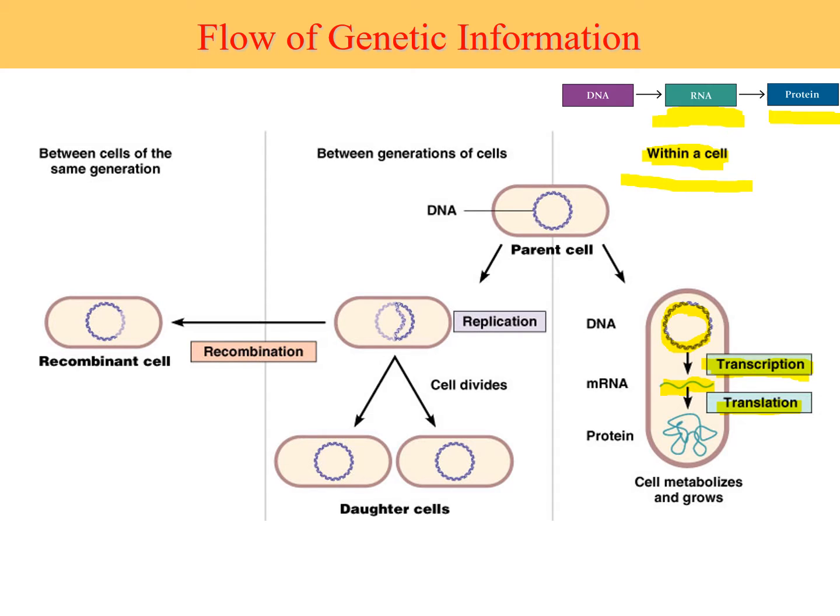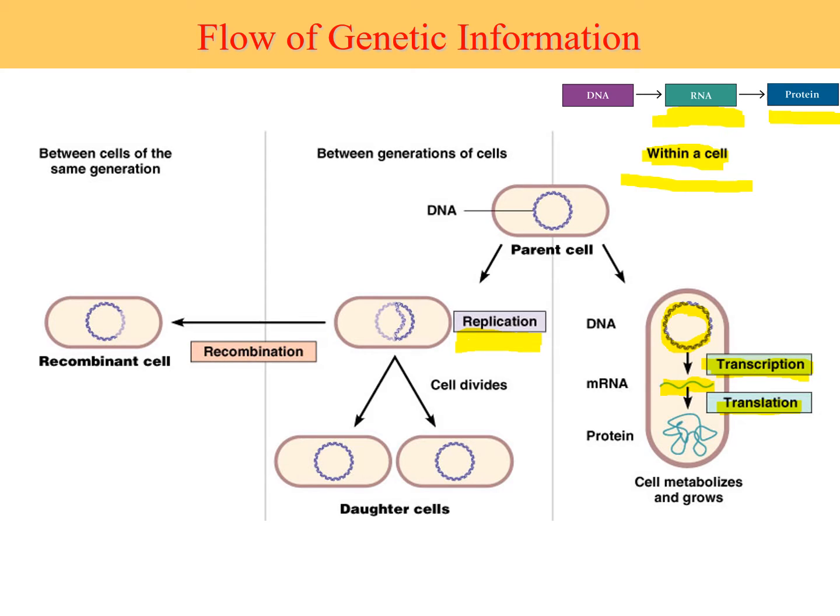At the same time, you have a different kind of flow of genetic information, and that is when a cell divides. And for a cell to divide, you have to have replication of the DNA. So DNA replication occurs. You have twice as much DNA, and everything else replicates itself.